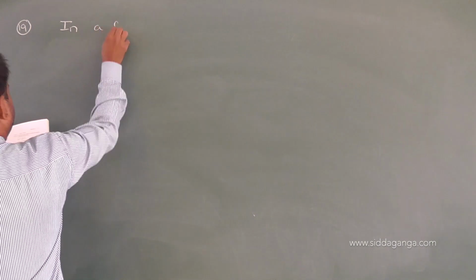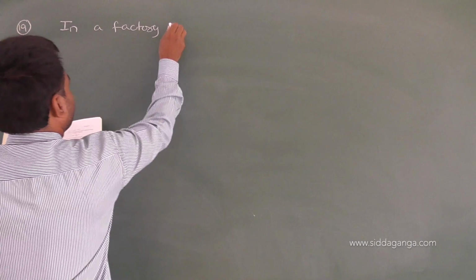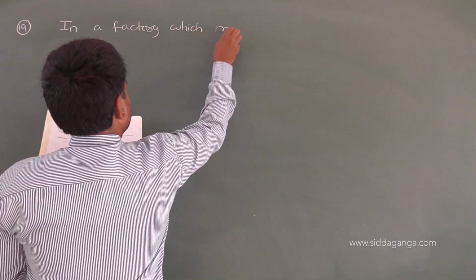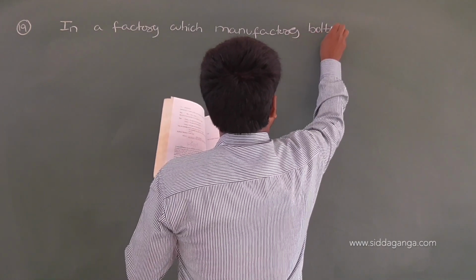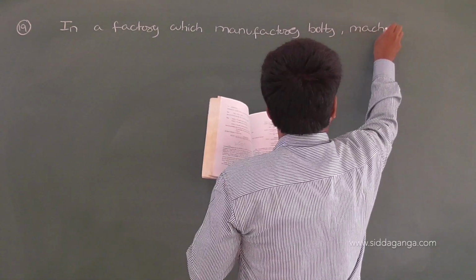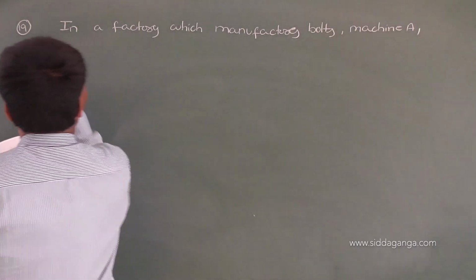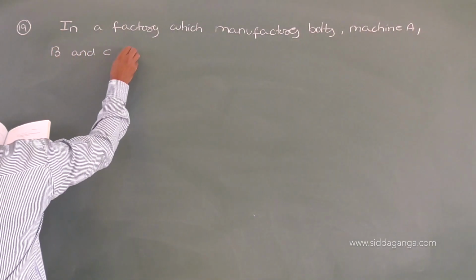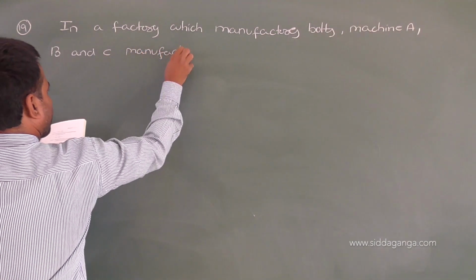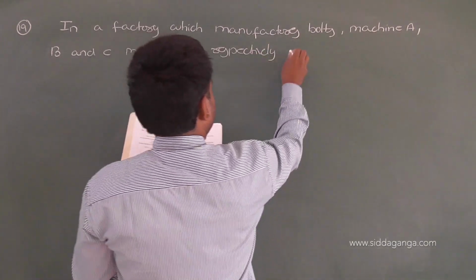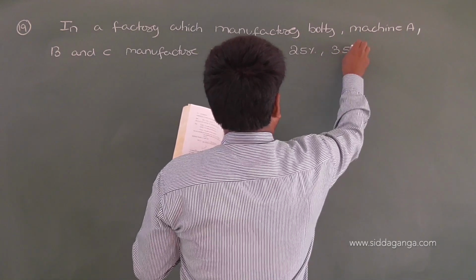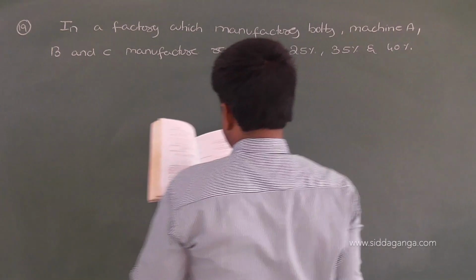Example 19. In a factory which manufactures bolts, machines A, B and C manufacture respectively 25%, 35% and 40% of the bolts.